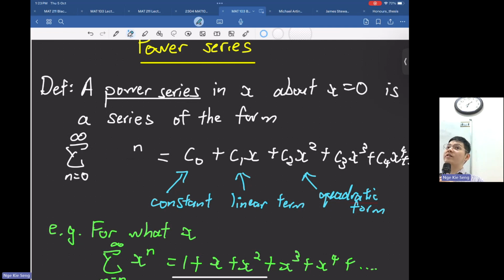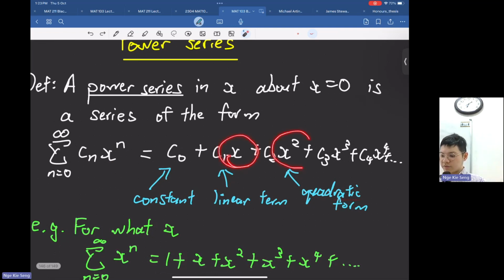Changing these two numbers will give you different series. But how does x change? x changes as a power. Cn is any formula you can put in, but x changes as a power.